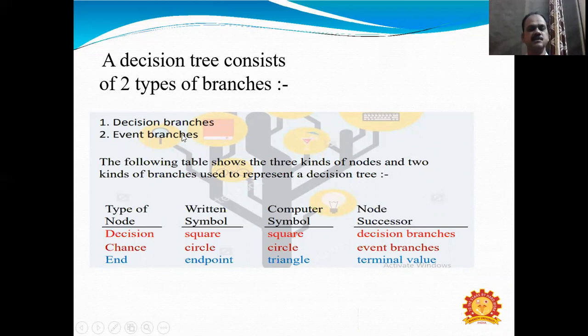Decision branches are mainly used for making decisions by using a group of people. Then event branches: based on the given conditions, the event branches will be executed. The event branches will be implemented based on the given condition.